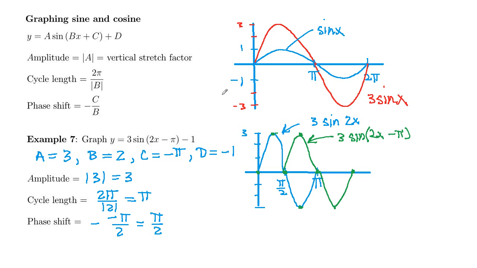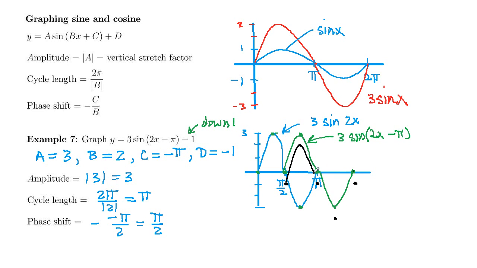And then the last thing we do is down 1 unit. So that -1 on the end is just going to shift things down 1 unit. So we're going to take these 5 points again and shift them down 1 unit. So here, and then this point down 1 unit there, this point down 1 unit right there, this one down 1 unit, and then this point down 1 unit.